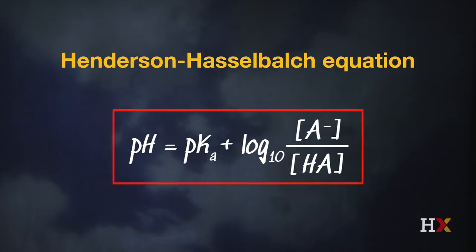The pH is equal to the pKa of that acid dissociation, in this case a weak acid, plus the log to the base 10 of the ratio of the concentration of the conjugate base divided by the concentration of the weak acid.